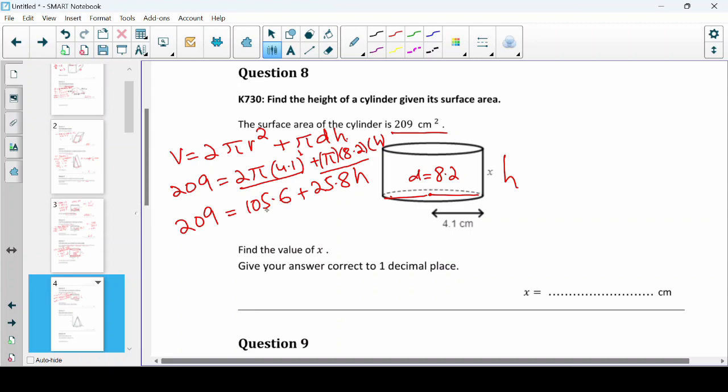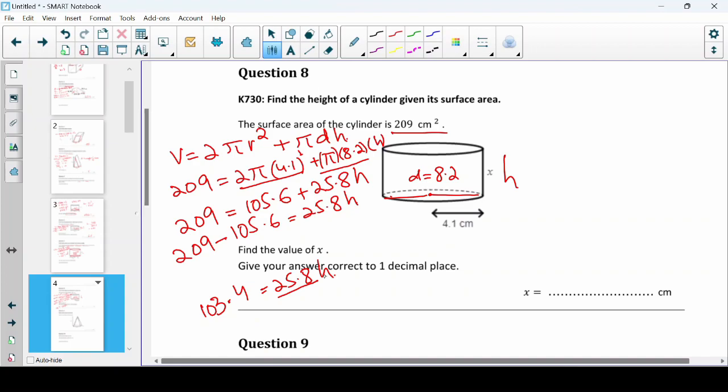So if we solve this one, 209 minus 105.6 gives us 103.4 is equal to 25.8h. And now we move this 25.8 to the other side of the equation. It's multiplying with the h, so when it moves to the other side of the equation, it will divide.